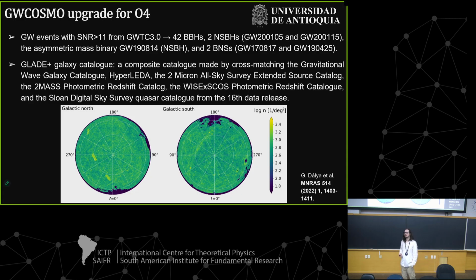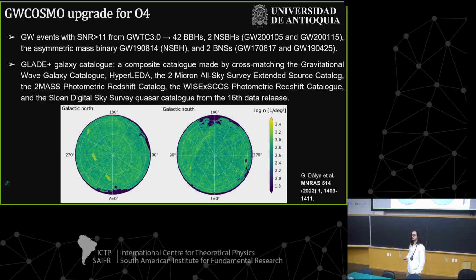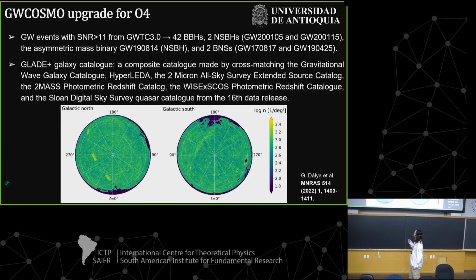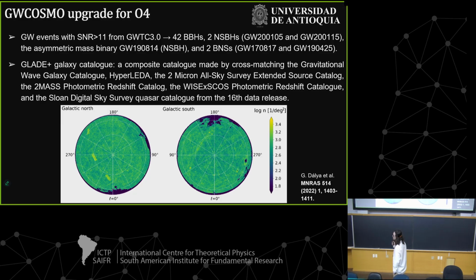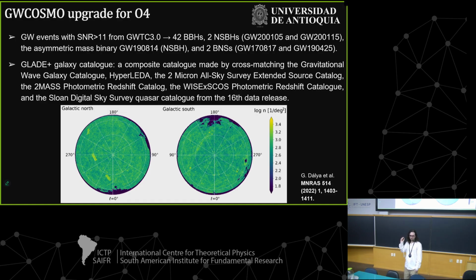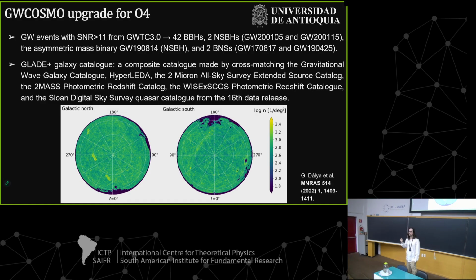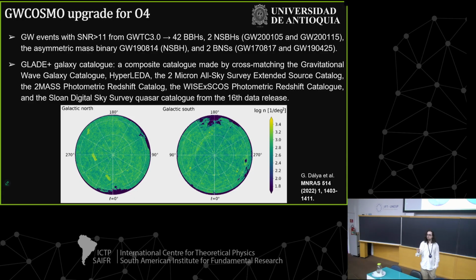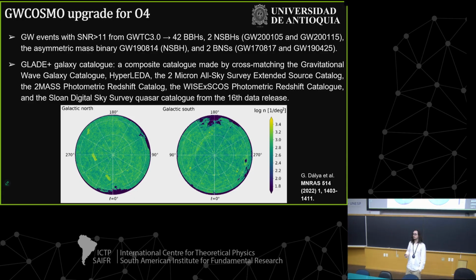Right, but then the analysis here is for different samples at different redshifts? So you tend to include as much as you can, but there are some thresholds that you impose, for example in apparent magnitude. Yeah. And this threshold is done pixel by pixel? Yes. So this is the GLADE+ catalog. There is some processing of this catalog to compute the redshift prior, previous to the gravitational wave analysis.